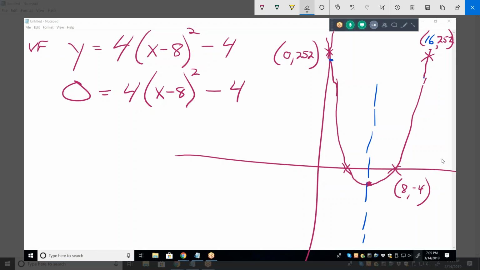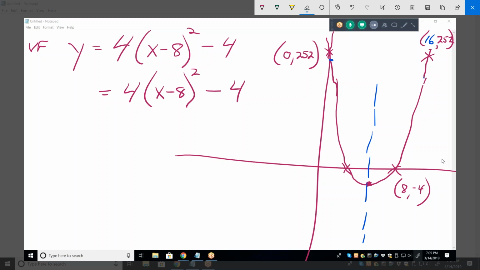You do 4x plus 64. No, you don't do it that way. Let me give you a hint. You're going to solve this by taking the square root of both sides at some point. And if you're going to do it that way, then the last thing in the world you want to do is expand that x minus 8.